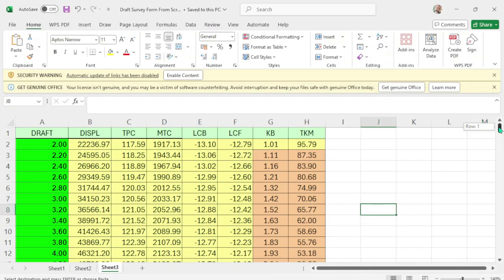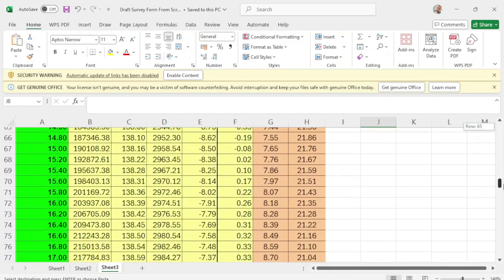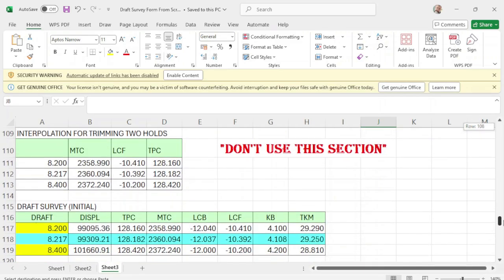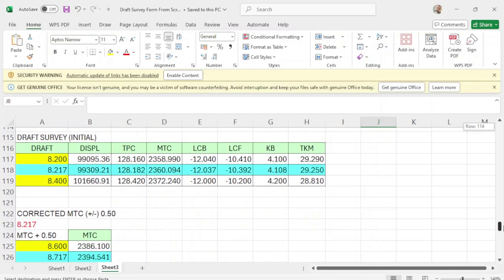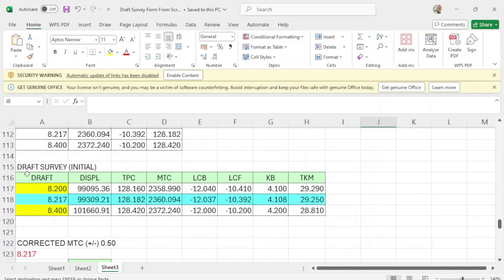But take note, guys, when you're copying the hydrostatic table, you should have this form. Draft survey initial with the headings of displacement, TPC, MTC.